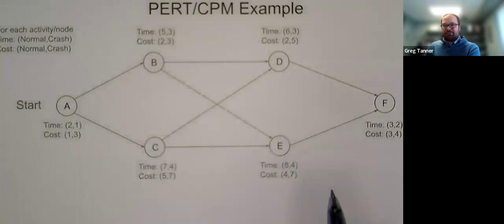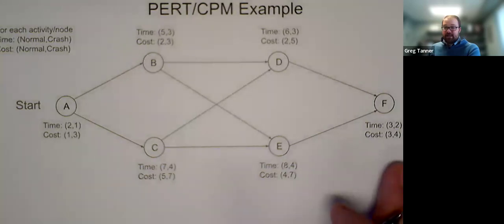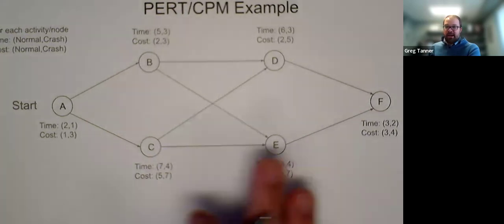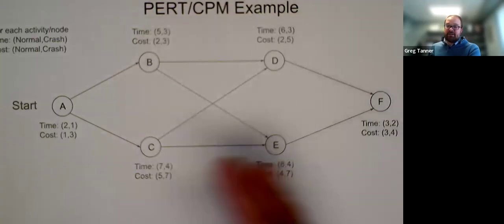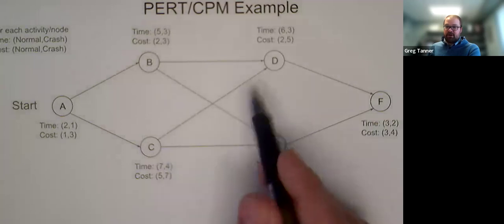So this is kind of the opposite of the shortest path algorithm that we talked about earlier, where we wanted to find the shortest path through the network. This is really, we're trying to find the longest path through the network, because that longest path will really determine how soon we can be done, because every activity needs to be done. And we can't start the next activity until the previous activity, represented on the other end of an arc, is finished.